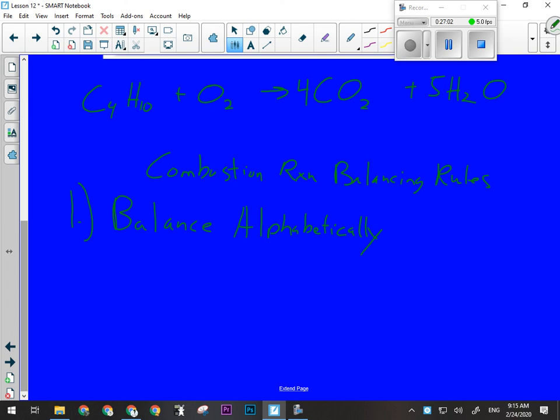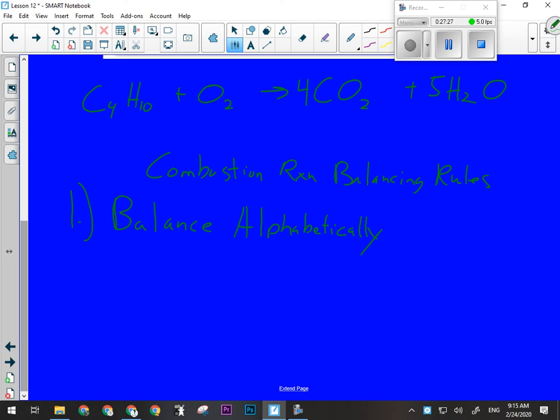So I have 4 times 2 is 8 oxygens, plus 5 more is 13. So I have 13 oxygens over here. What times 2 gives me 13? Yeah, 6.5. Can I have half a molecule? No, I can't have half a molecule. So that doesn't work.